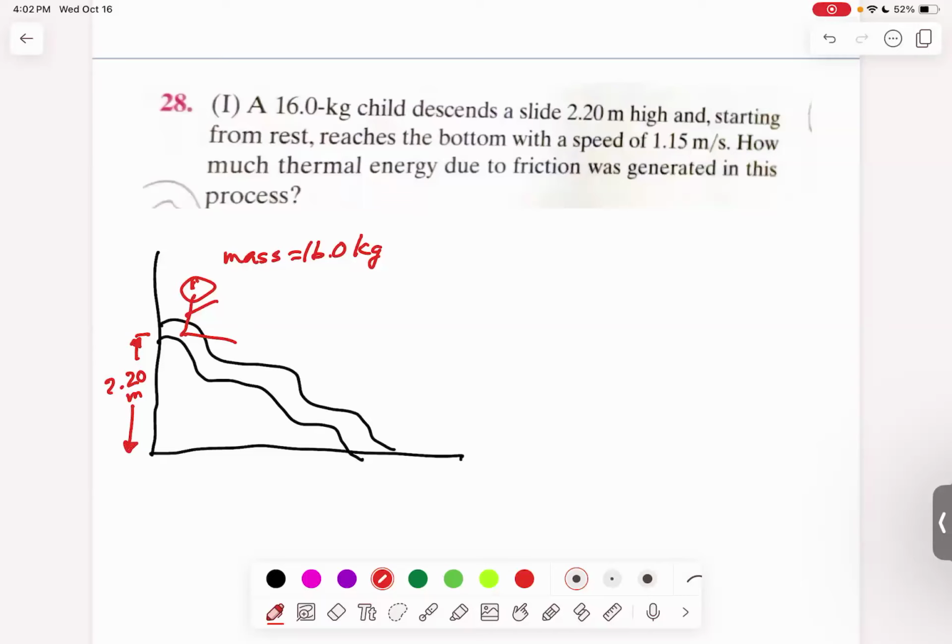And when she gets to the bottom here, she's going to have a final velocity of 1.15 meters per second. And this time we want to know how much thermal energy due to friction is generated in this process.